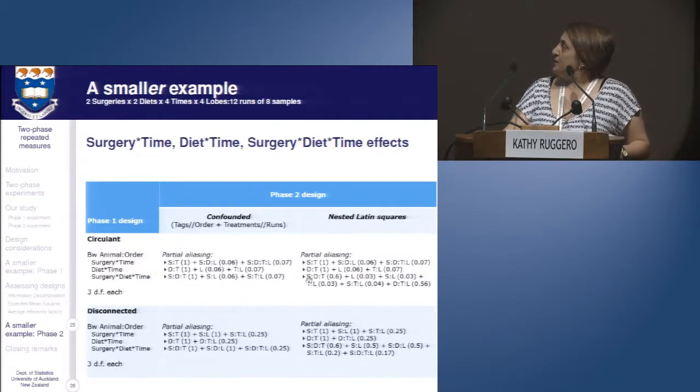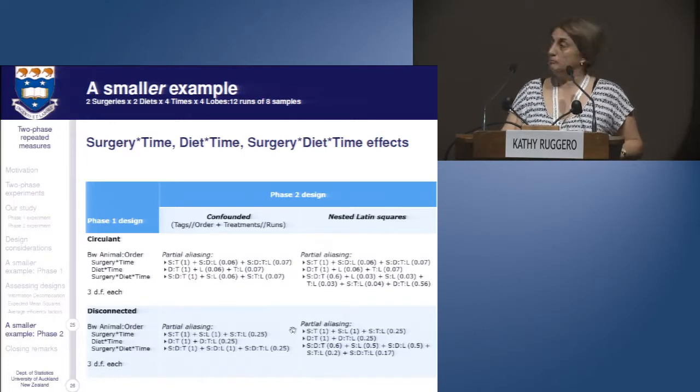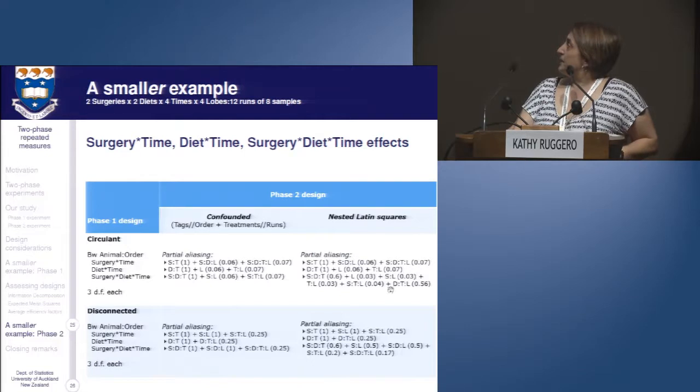And these here are simply showing what happens to our information. We can see surgery by time, for example, is estimated fully efficiently in these strata, but they're tagging along lots of bits of other effects. Ultimately, we're better off in this space here, but we've got so few degrees of freedom.